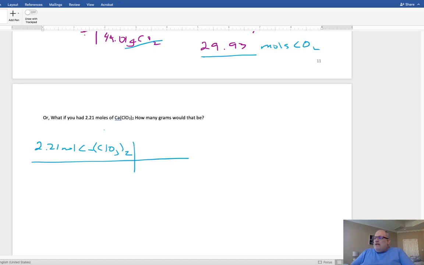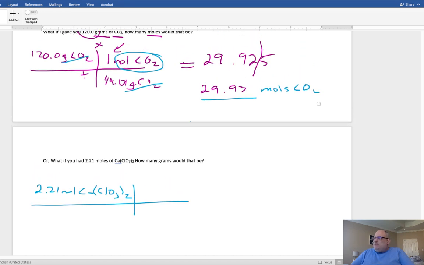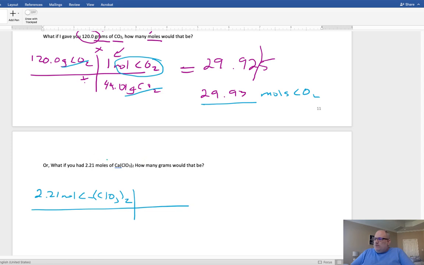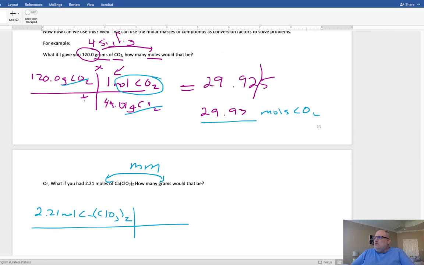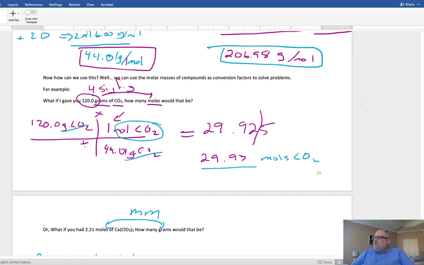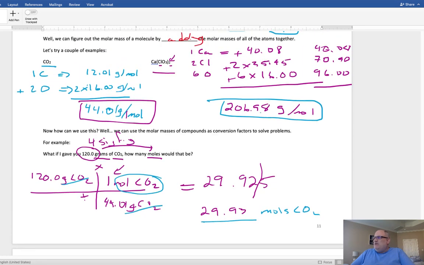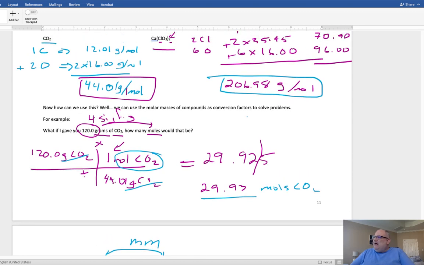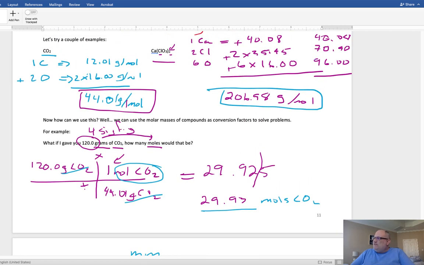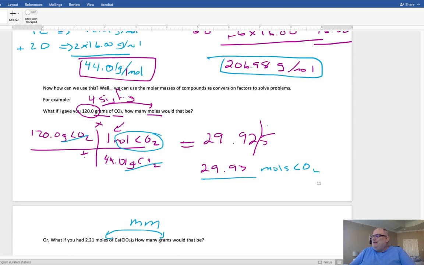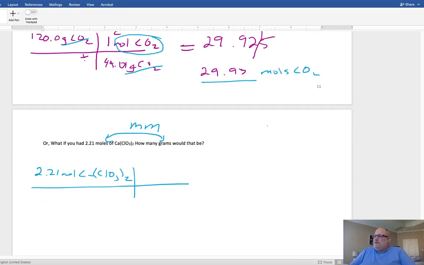Now, we already have the molar mass because we figured it out here, because we're wanting to go between moles and grams. And just a reminder, anytime we go between moles and grams or grams and moles, we are using molar mass. Well, we figured out our molar mass to be 206.98. Because we used 4 significant figures in all these, it should probably have been 207.0, so let's just do it as 207.0.